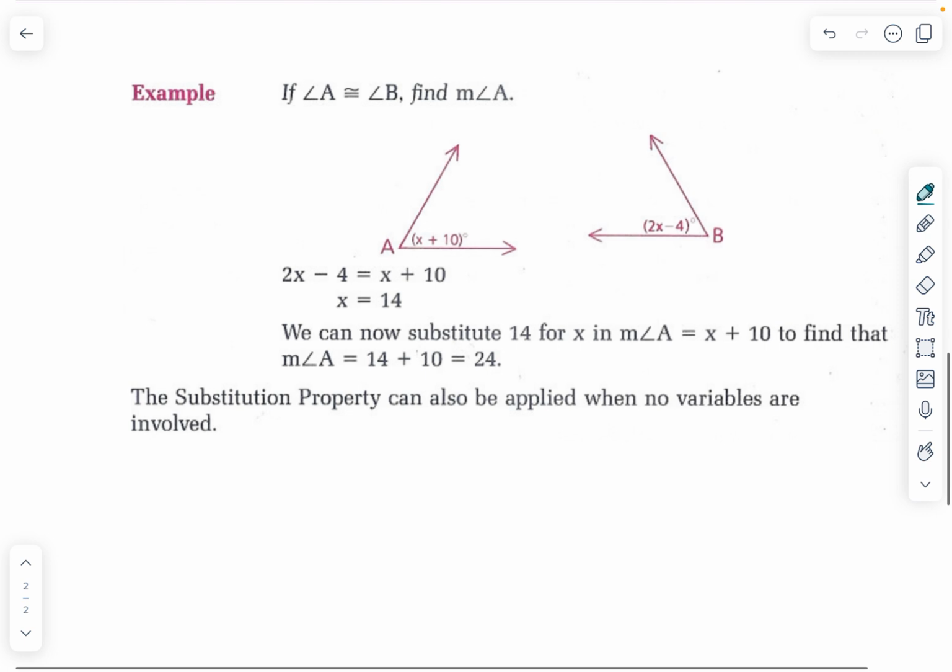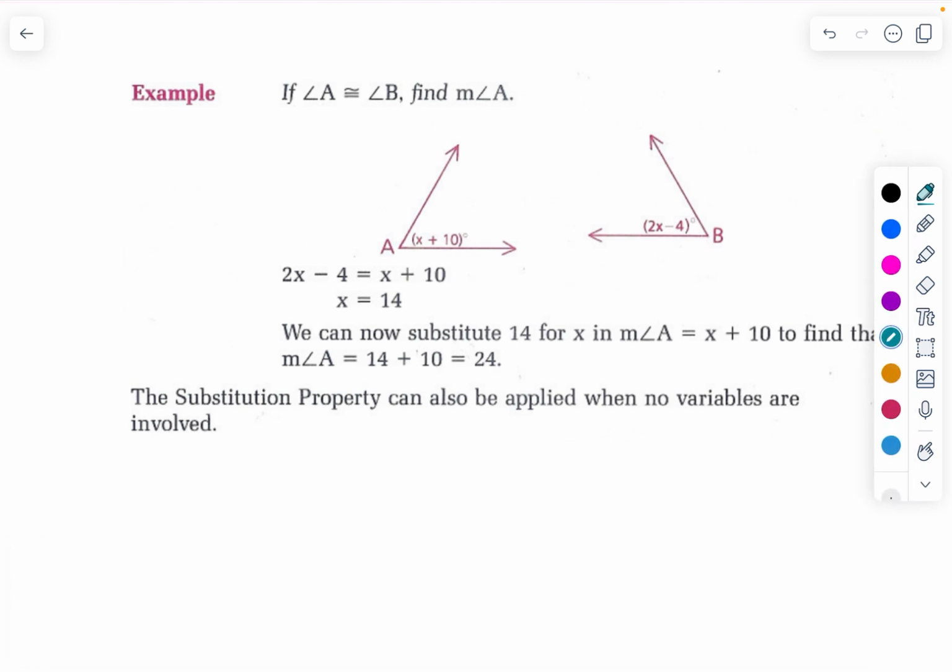For example, in this example here, we're given A is congruent to B. And so we can set these two angles equal to each other to solve. And when we solve it, we get x equals 14. Now we substitute, right? It's not transitive, but we substitute 14 in for x in the initial definition of A to get A equals 24.